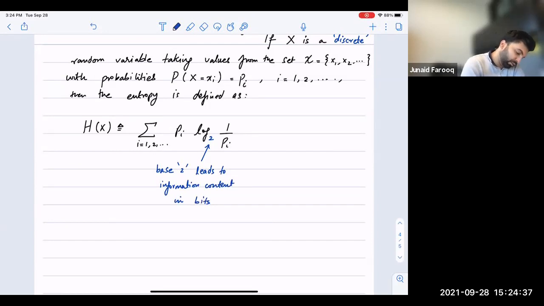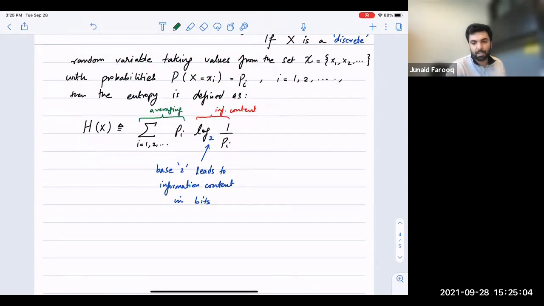Okay, so if you look closely, basically this part here is the information, right? And this part really is doing the averaging. So you multiply each term with its probability, and then you sum it all up. So you get the average kind of information.